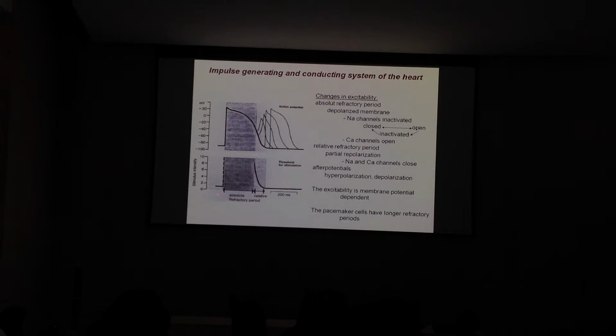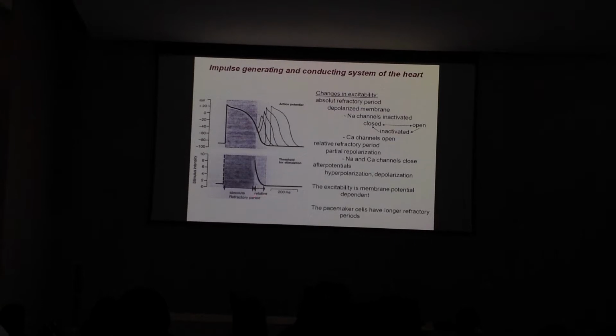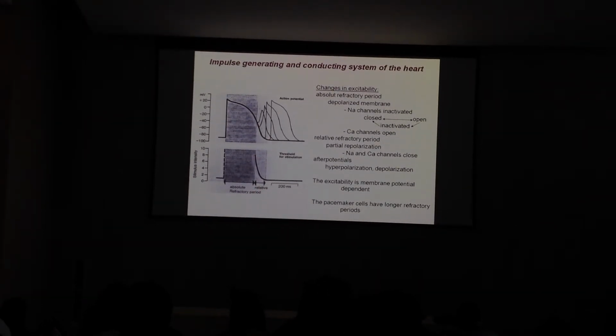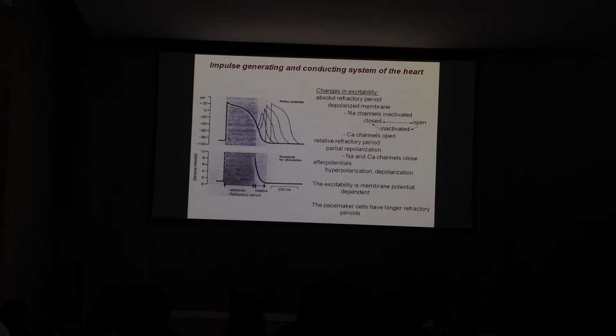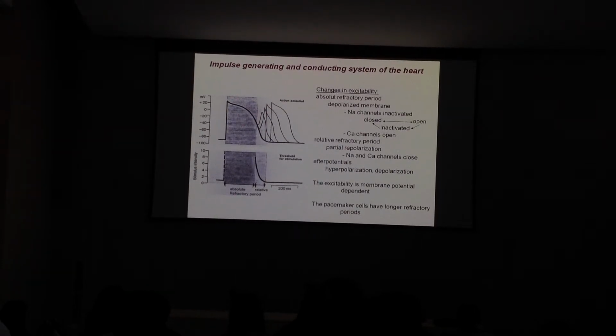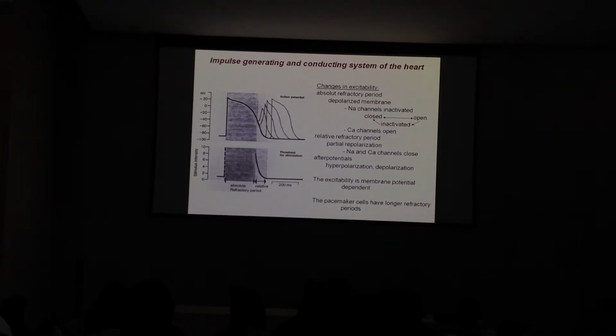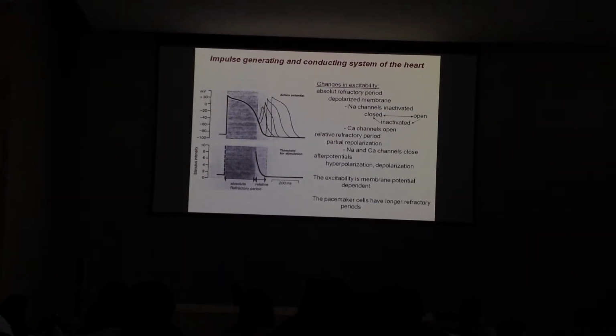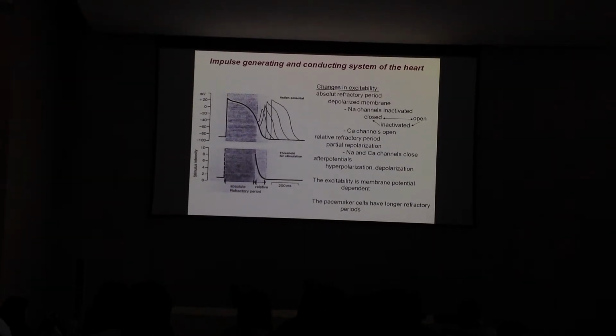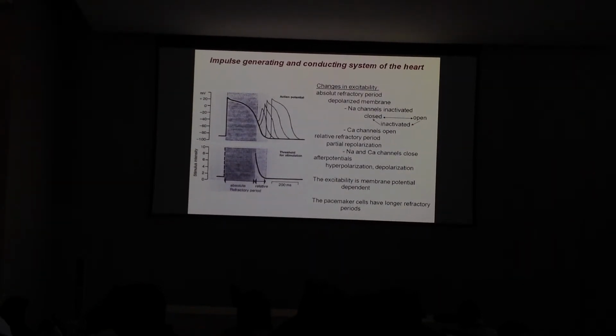After this absolute refractory period, there is another period which is called the relative refractory period, where it is possible to evoke action potentials, but we need a much higher stimulus intensity. What is the explanation? With progressive repolarization, more and more sodium channels can go back to the resting state and can open again.